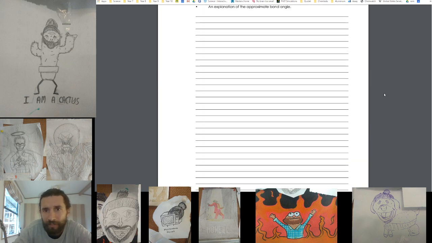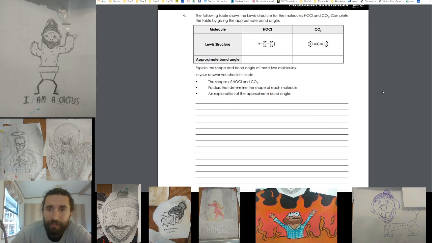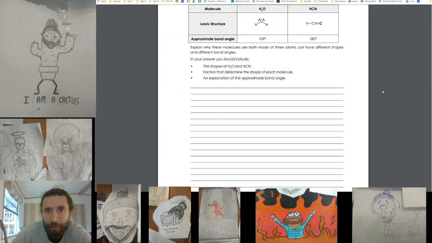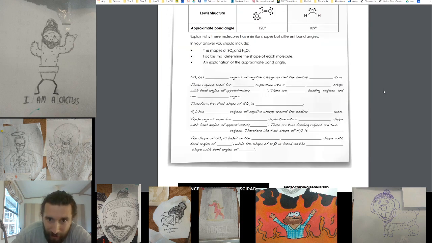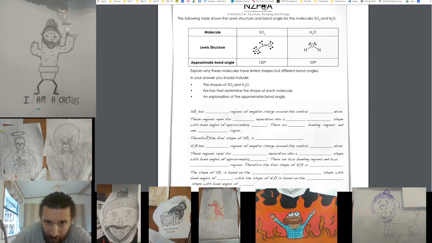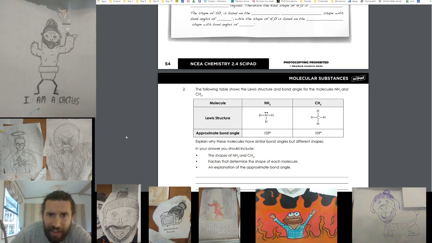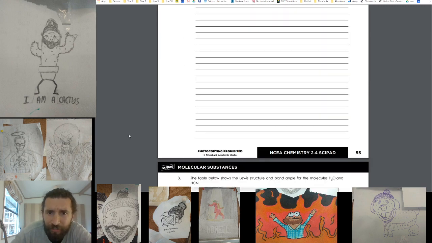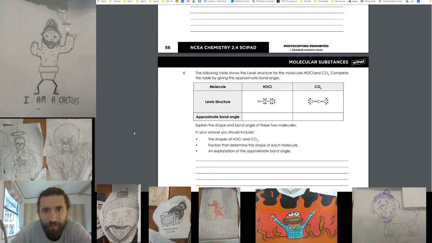It does look like there's a lot of writing there, and you do need to do a bit of writing, but once you get into the flow of it, it's going to be fairly simple. The important thing is just use this nice recipe here for your answers, pretty much this, but changing what's in the gaps. And also make sure you're really answering the questions. I think they pretty much all have the same questions.